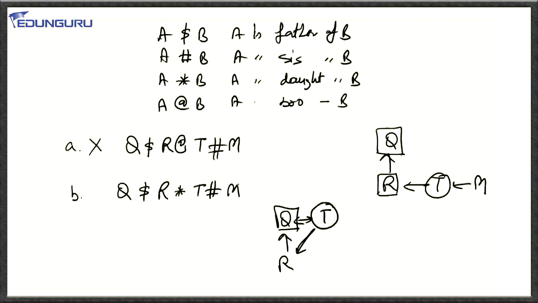T # M, # means sister, so T is sister of M. So, again can I say that M is wife of Q? No, in this case the gender of M is obviously not known, and moreover he or she is not wife, right.